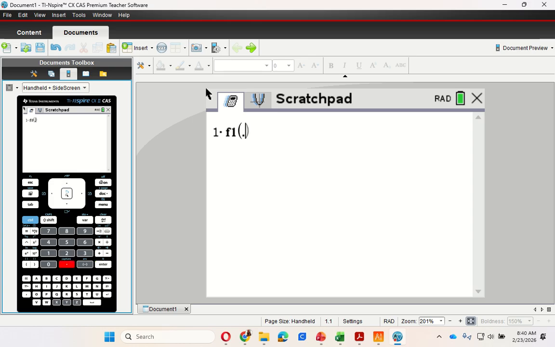Or 0.5? 0.5 is easy to put in like this. Plus 1 times f of 1.5 plus 2 times f of 3 plus 2 times f of 5. 52.5.